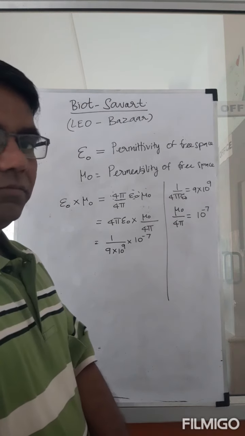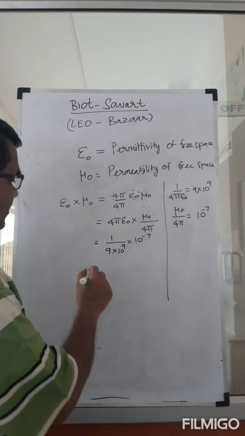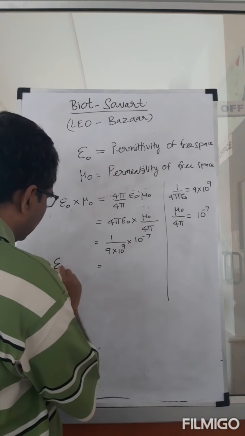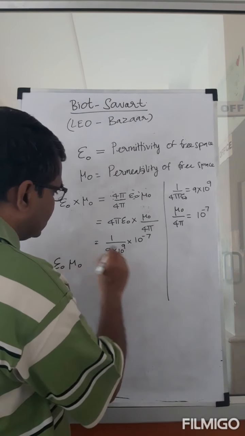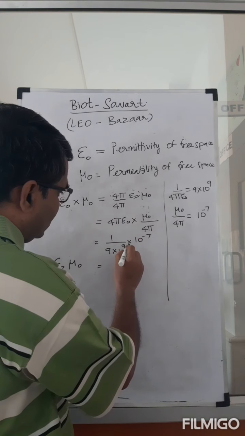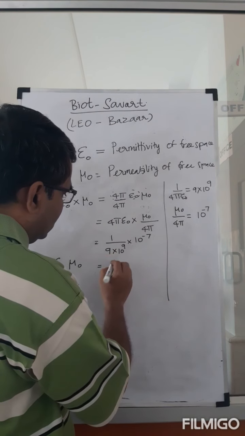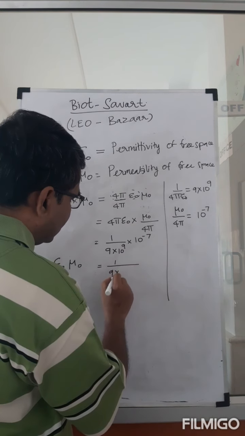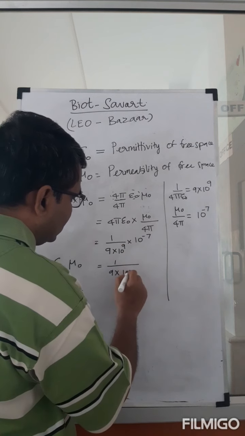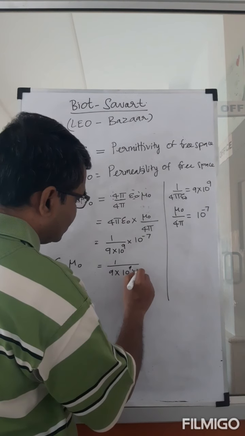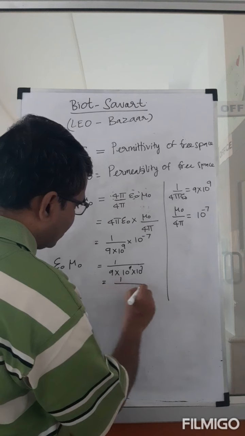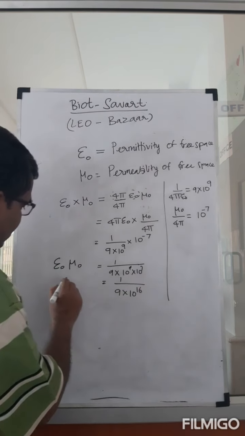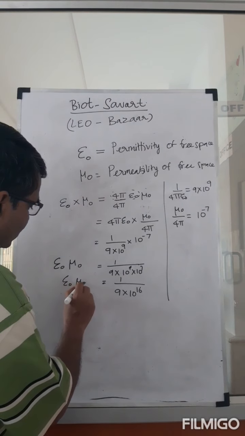So, what am I going to get now? I'm going to get mu naught epsilon naught is equal to, I'll bring it here, 1 by 9 into 10 to the power 9 into 10 to the power 7, that's equal to 1 by 9 into 10 to the power 16.